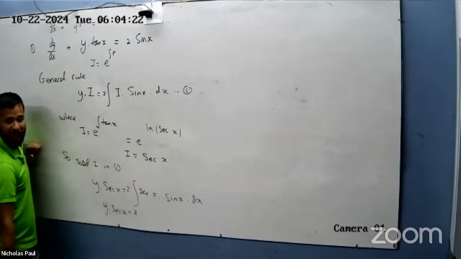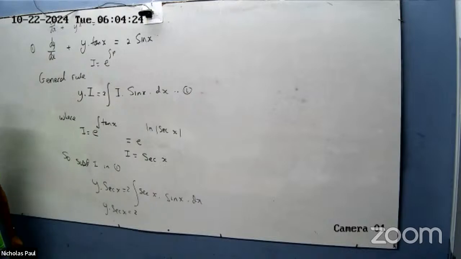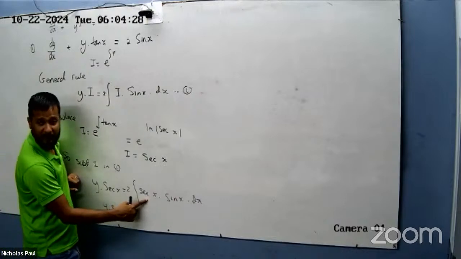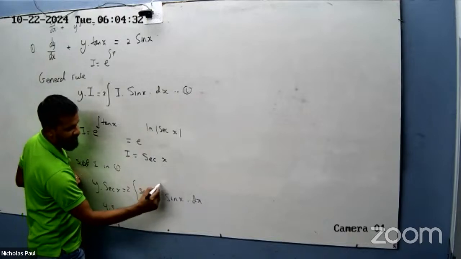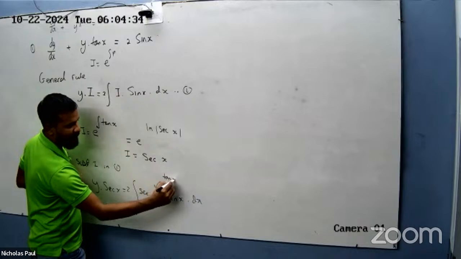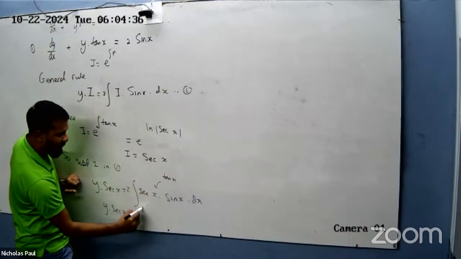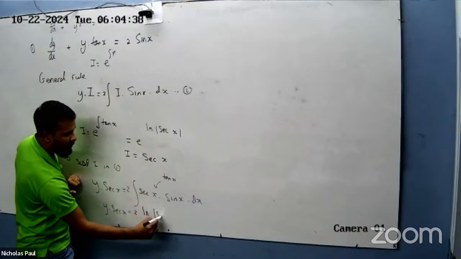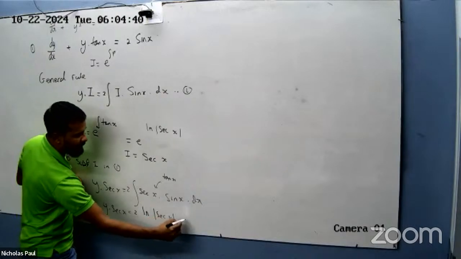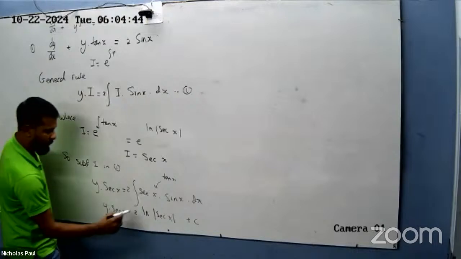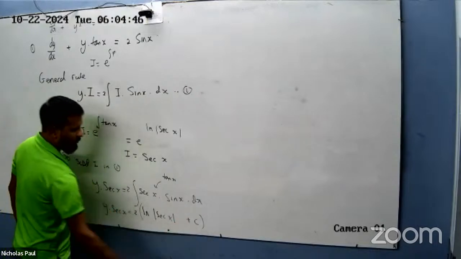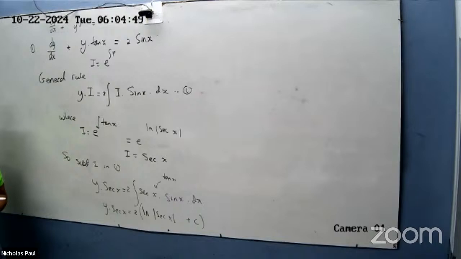What's the integral of that? Nice, because sec is 1 over cos, so sec x sin x is like saying tan x. And the integral of tan x is ln sec x. You okay with that?